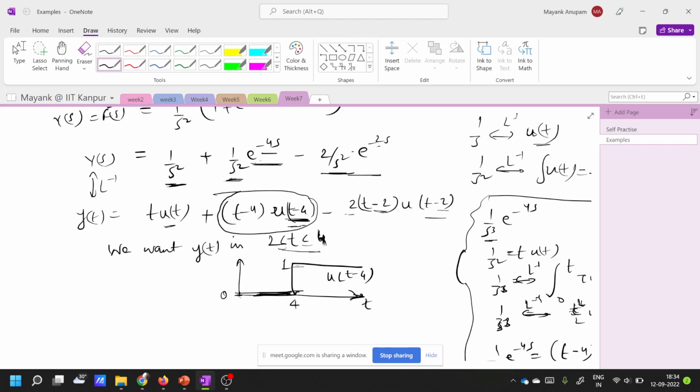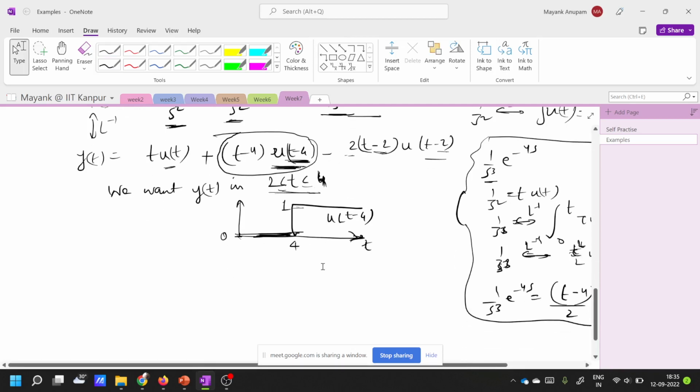In the time that we are required to find out, between t is equal to 2 to 4 seconds, this is equal to 0, so this is not at all present. So I will remove this.